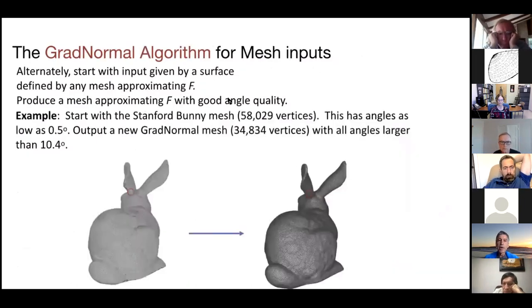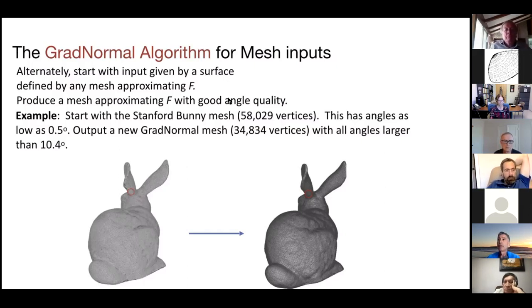And the second way you get a surface in applications is somebody gives you a mesh. So somebody gives you a piecewise linear triangulation. If you already have a triangulation, why do you want to get a new triangulation? Well, the triangulation you're given might come out of a scanner of some sort, a laser scanner or a CAT scan, and they produce triangulated surfaces, but they tend to be terrible triangles.